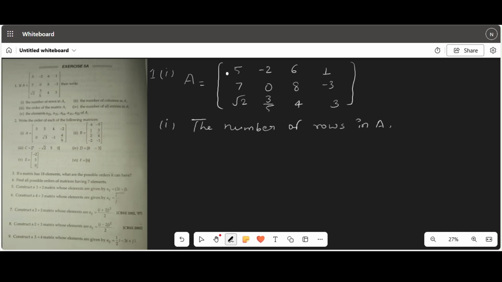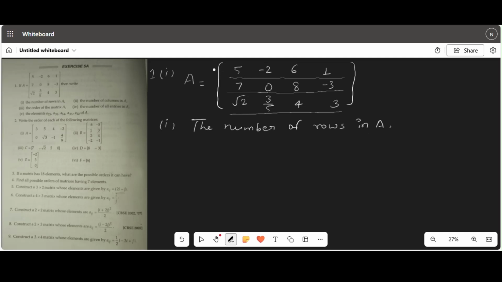Here it is visible that matrix A has the following elements, and the number of rows means, since there are three horizontal lines of elements, first horizontal line this one, second horizontal line this one, and third horizontal line this one. So these horizontal lines mean rows.